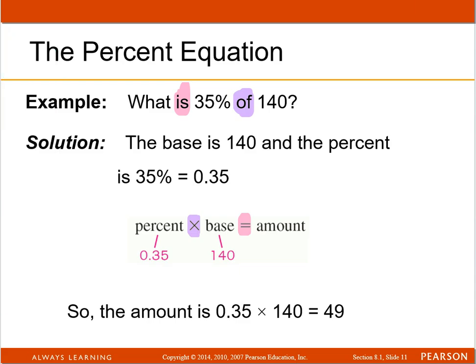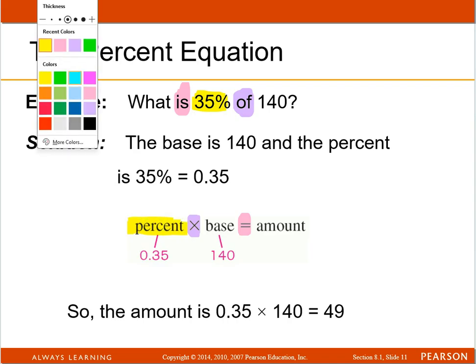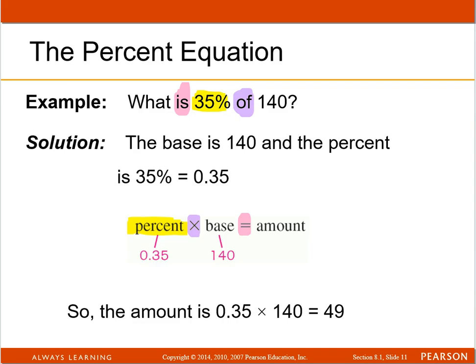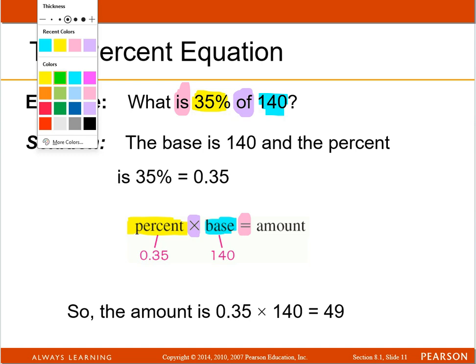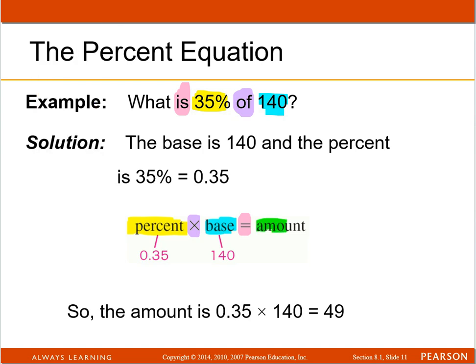The percent is 35. That's right there. The base, which I use blue for, is on the other side of the word "of." It's right here. It's 35% of 140. So percent times base equals the amount, which I used green before, and that's what we're looking for.